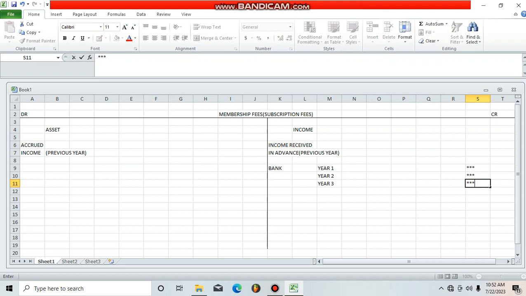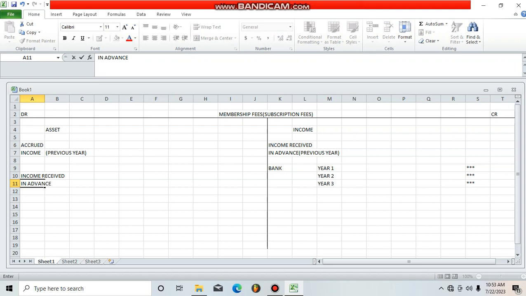Here we don't have to calculate anything. Without wasting time, the last amount under the bank that was received from members, the third year, you record on the debit side as income received in advance.